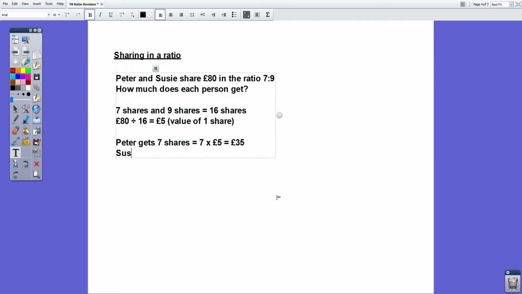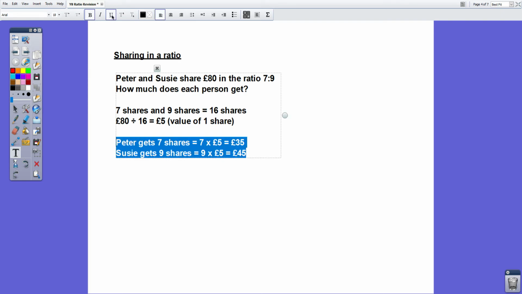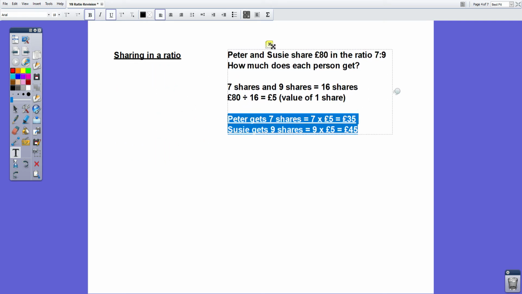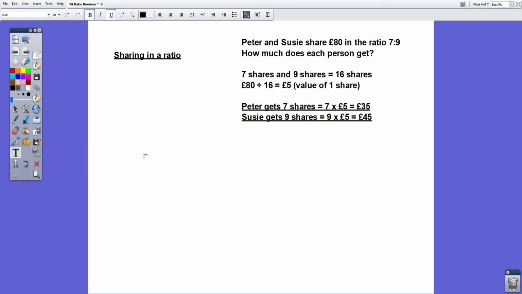Susie gets 9 shares, which equals 9 times £5, which equals £45. And since this is our answer, this is what needs to be underlined. We'll put that out of the way up there for a moment and have a look at a second example.